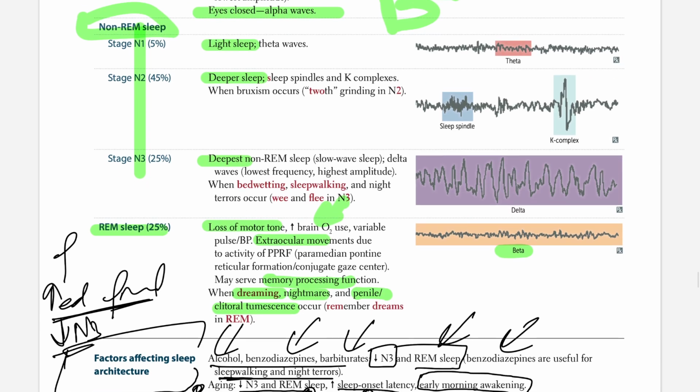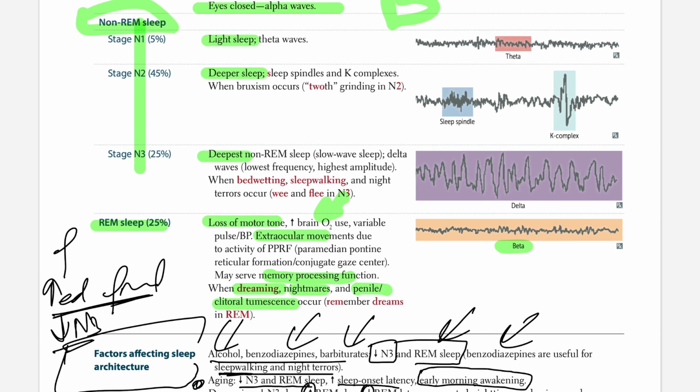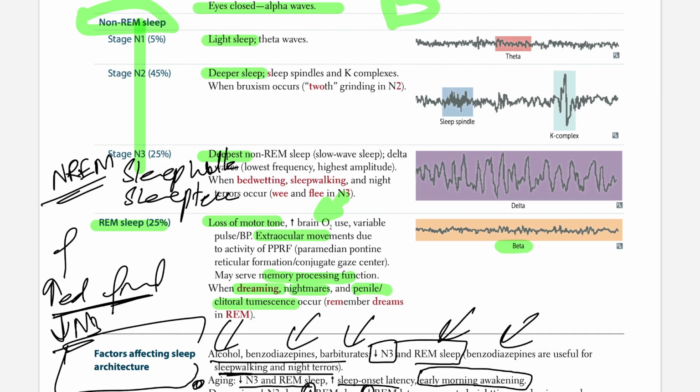Now, high yield points. In non-REM, you're going to have sleepwalking, sleep terror, and sleep eating.